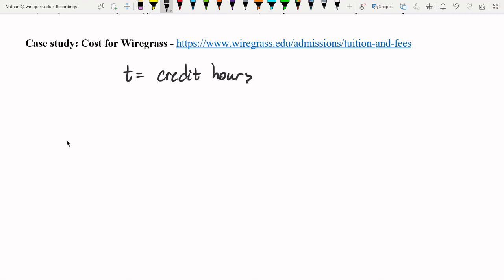And our tuition cost is going to be $100 per credit hour. If we have T credit hours, that means it's 100 times T. That's our tuition cost. And then we're going to add on each of the individual ones.